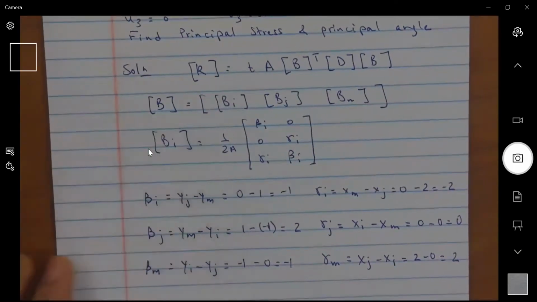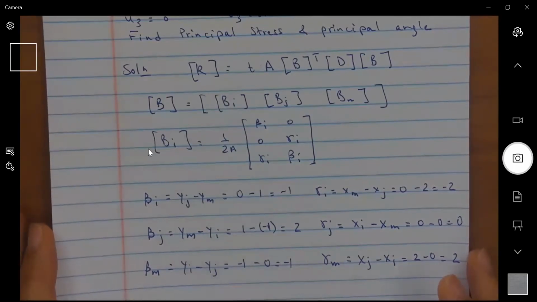So now I can write B, but we also need to evaluate 2A, right?